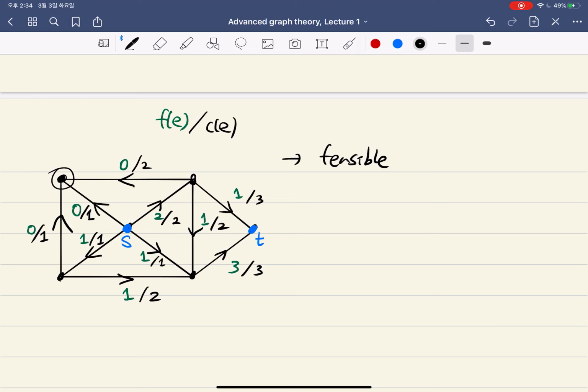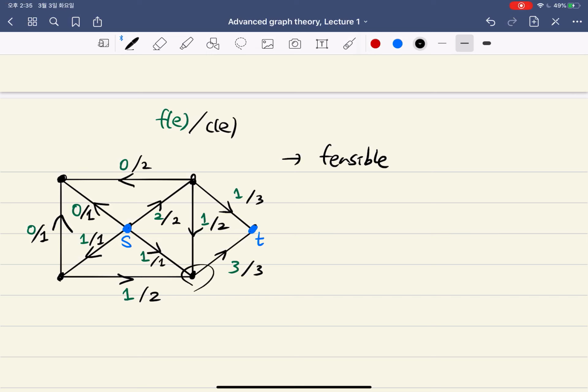There are no exiting edges, only 3 entering edges, but those 3 entering edges have value 0, so 0 equals 0. The exiting and entering are the same. And for this one, 1 is flowing in from here, and total 1 is flowing out. So the conservation constraint is satisfied there.